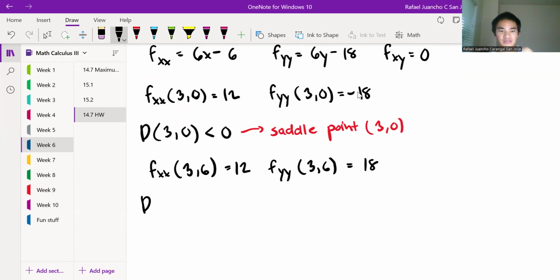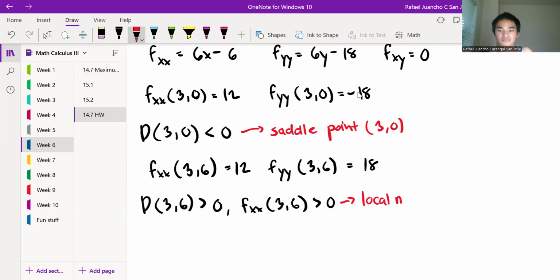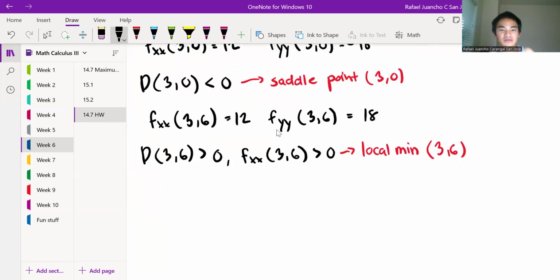And so from there, my D of this is greater than 0. But here my f_xx at that point is also greater than 0. And so this is actually just a local min at that point, right?